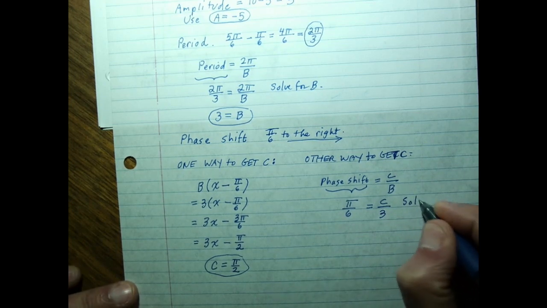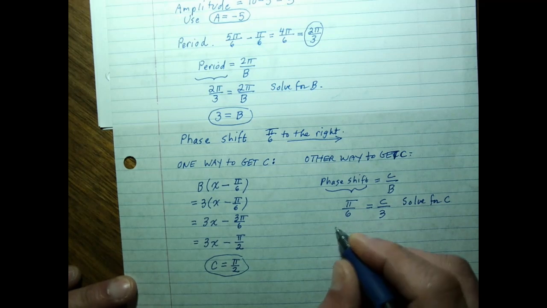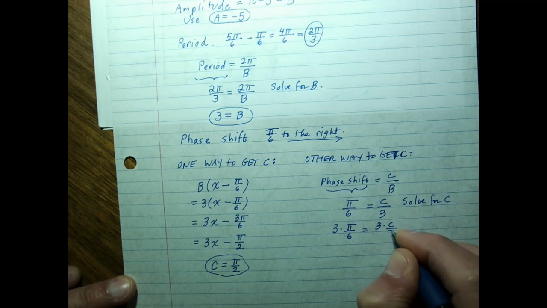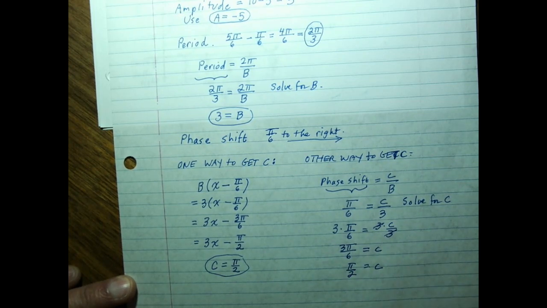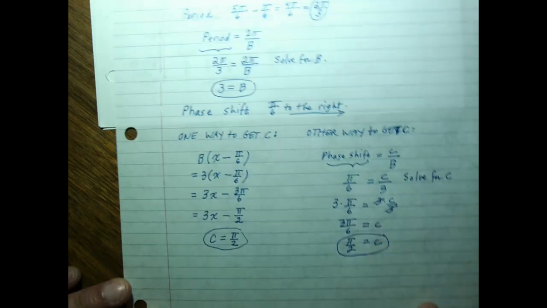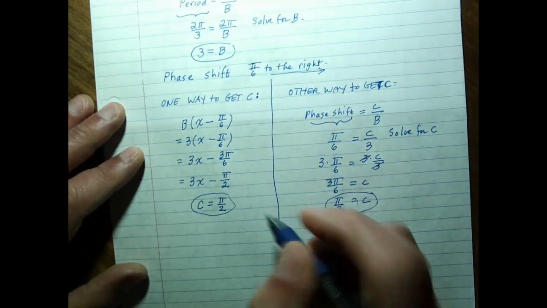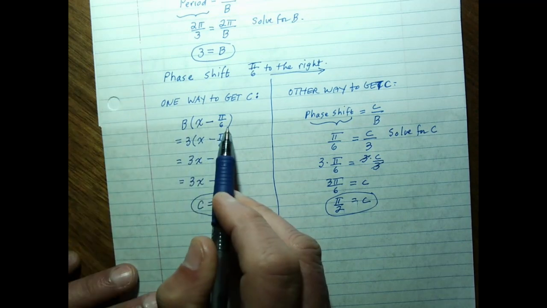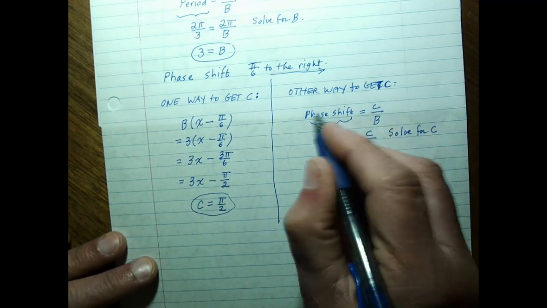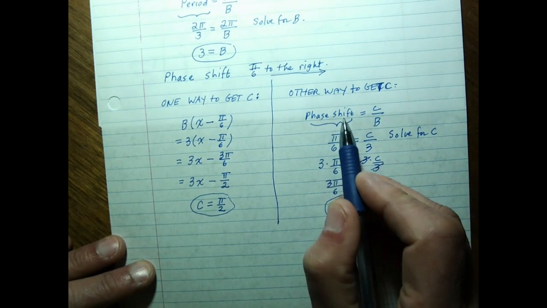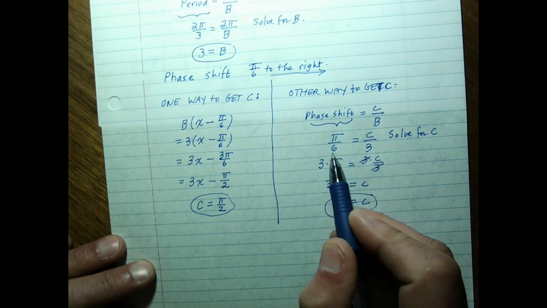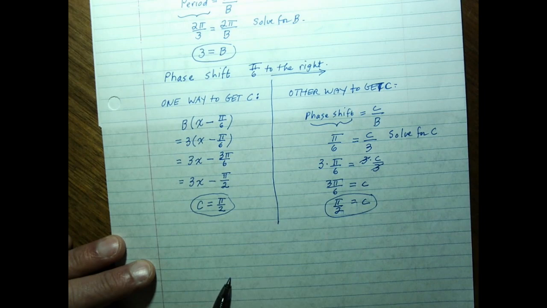So I can solve for c. If I multiply both sides by 3, I get 3 pi over 6 is c, and that reduces to pi over 2 is c. Same value. I kind of like using the parentheses way, but if you prefer the formula c over b, that also works, where we're replacing the words phase shift with pi over 6 because we see that from the graph. We're working backwards to get our c value.